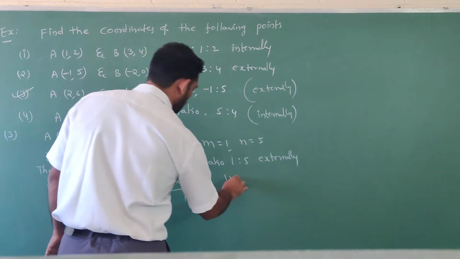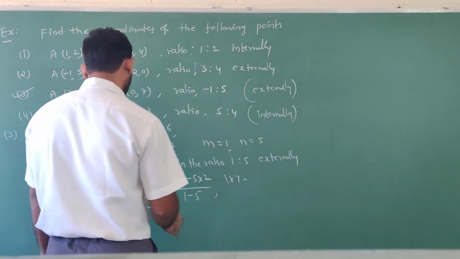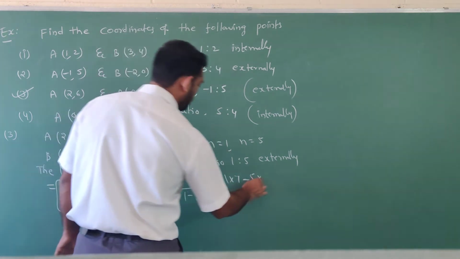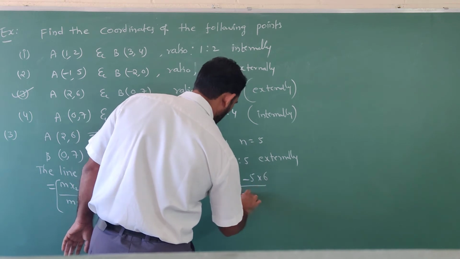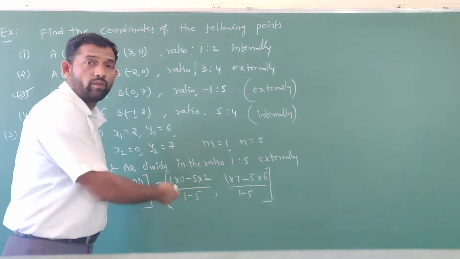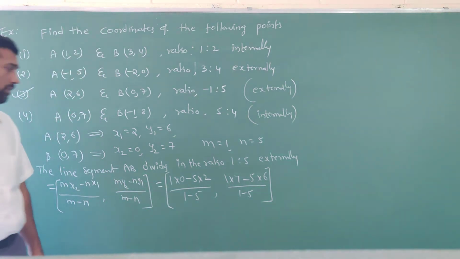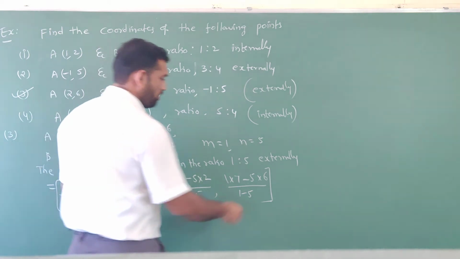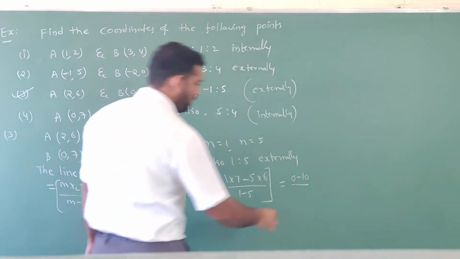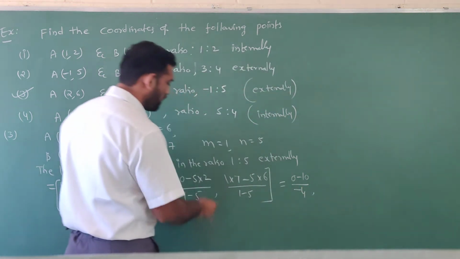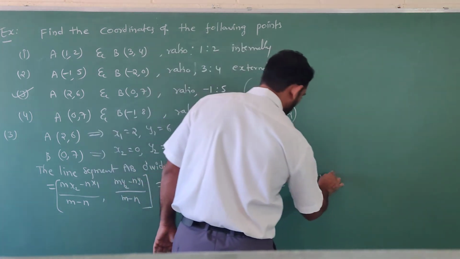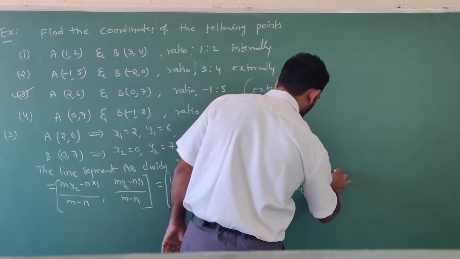So what is y2? 7 minus n value 5 into y1, 6, divided by 1 minus 5. You see that simplification, all values substituted. 1 into 0, 0, minus 5 into 2, 10, divided by minus 4, comma, 1 into 7, 7, minus 5 into 6, 30, divided by minus 4.